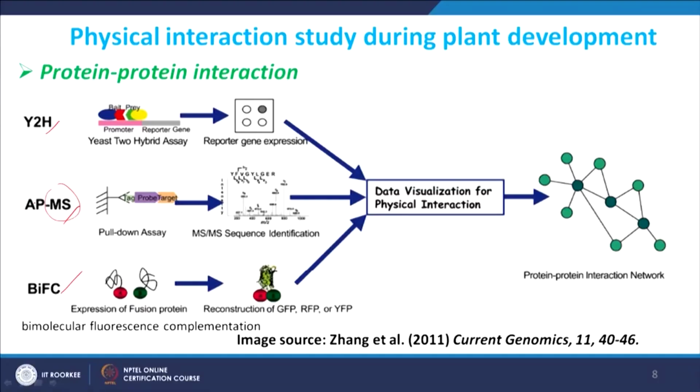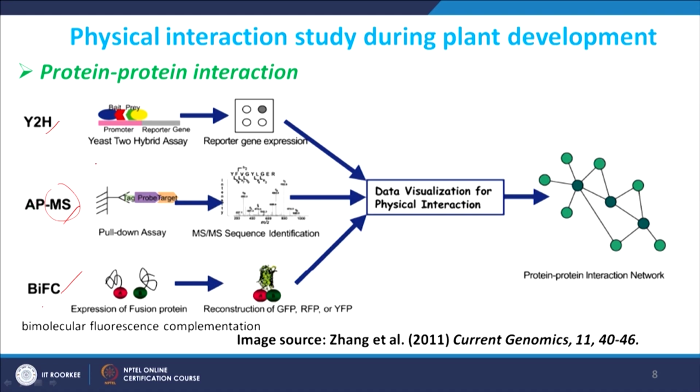In affinity purification mass spectrometry, basically based on the affinity column, or you can have a kind of pull down, and then you pull down some proteins, and along with those proteins a lot of proteins are coming, and then they are identified through mass spectrometry, establishing their identity to know which genes are interacting.